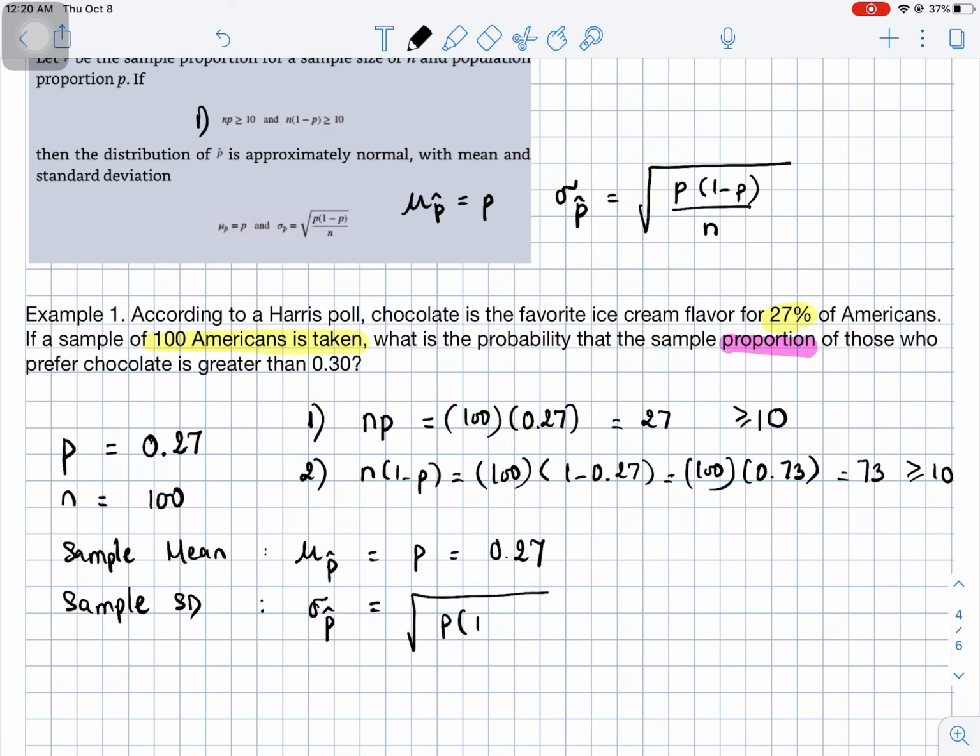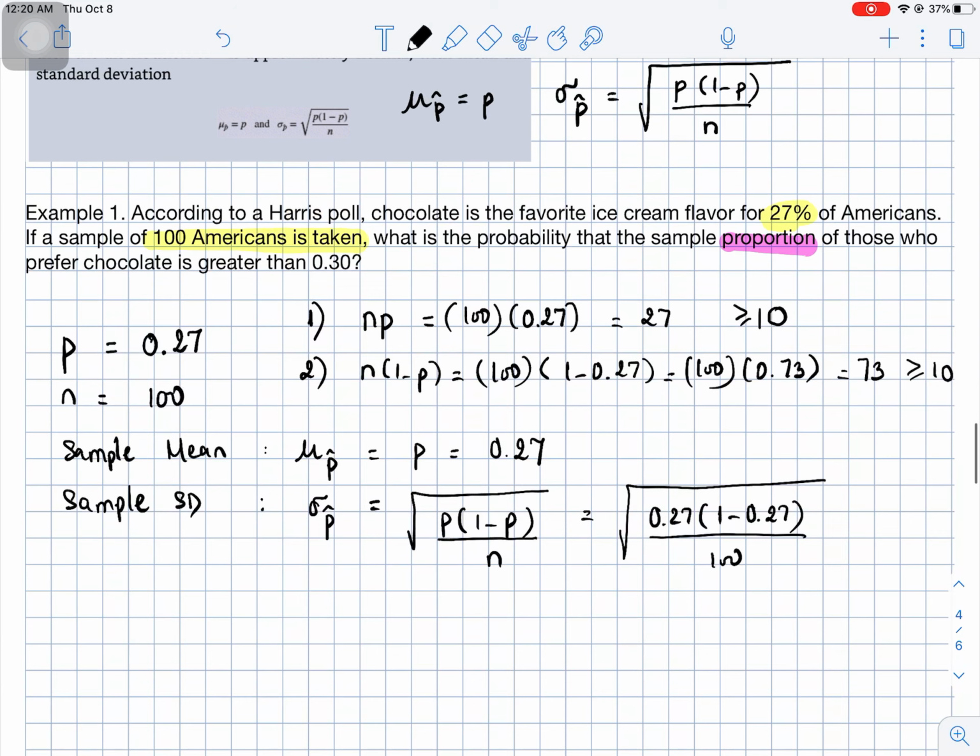Then we calculate the sample standard deviation. The notation is sigma of p hat, and the formula is the square root of p times 1 minus p divided by n.